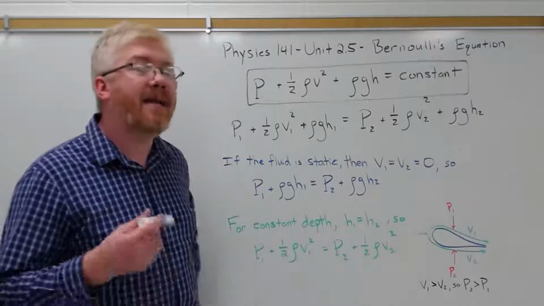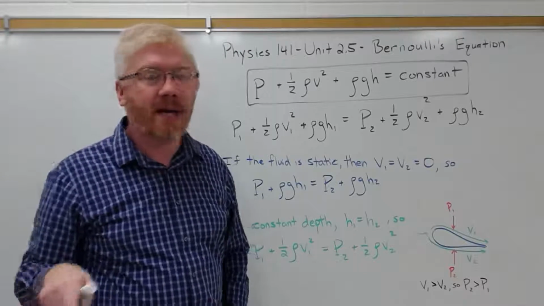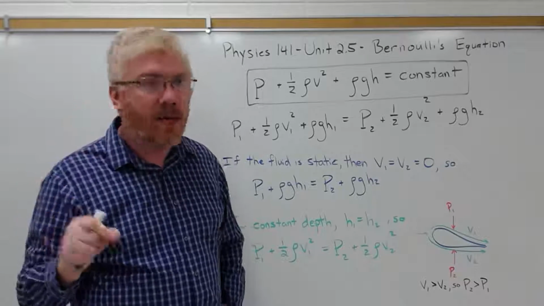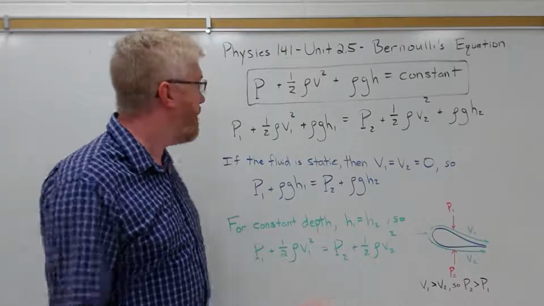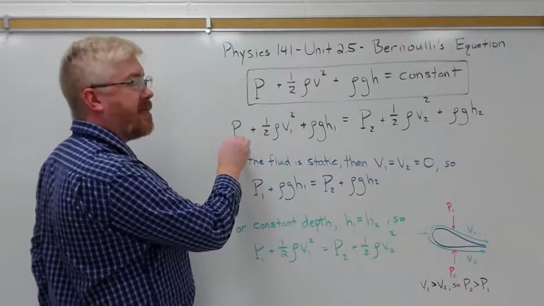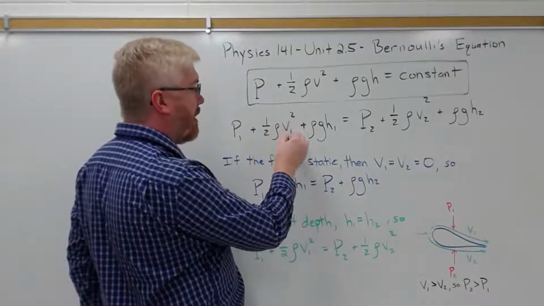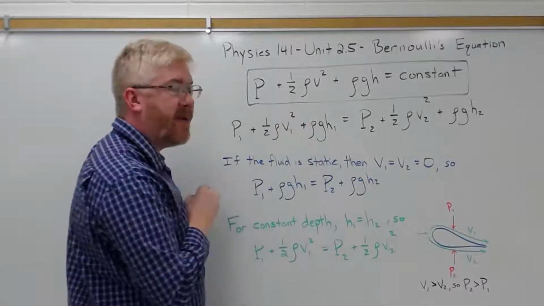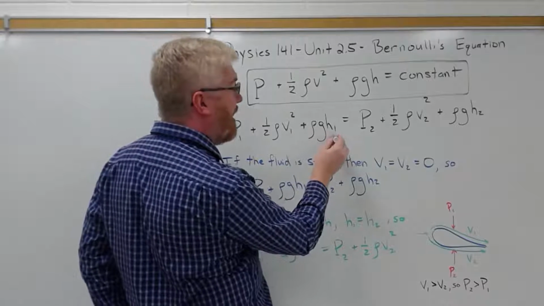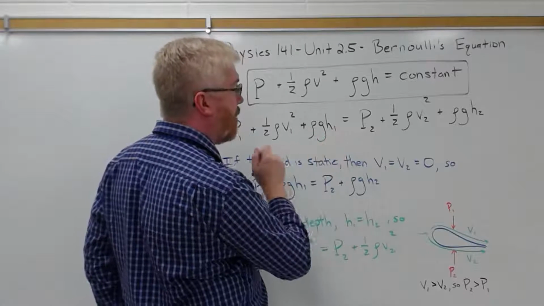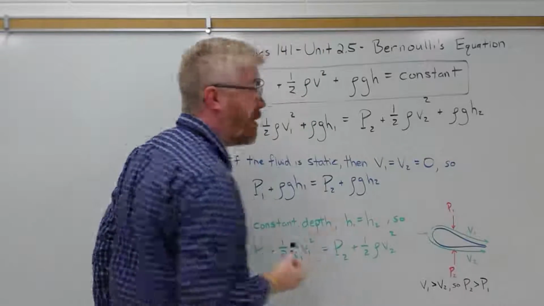Which means that in any pipe system, imagine the pipes coming from the water tower to your house, at any point in that system, when you add up all these things together, you have to get a constant. This means that the pressure at some point 1, plus 1/2 rho speed 1 squared, the speed of the fluid at that point, plus rho g times the height of the fluid at that point, has to be equal to those same values at some second location.